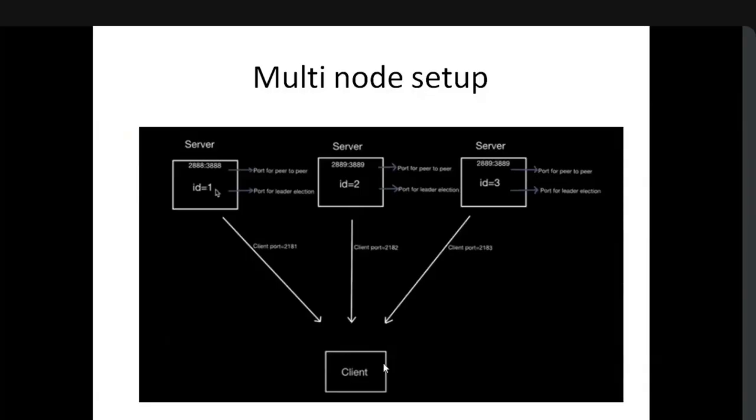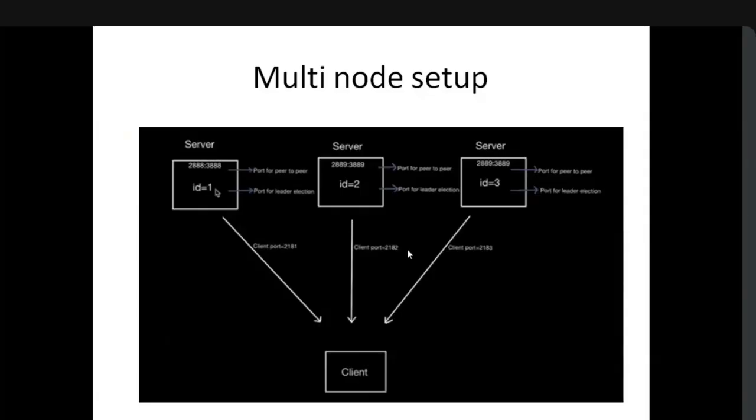Now, obviously, whenever someone tries to access these zookeeper servers from the outside, whether it's a consumer or a broker, which port will they use? 2181, because 2181 is the standard port for zookeeper server. But on the same machine, we cannot use the same port number for 3 different zookeeper servers.